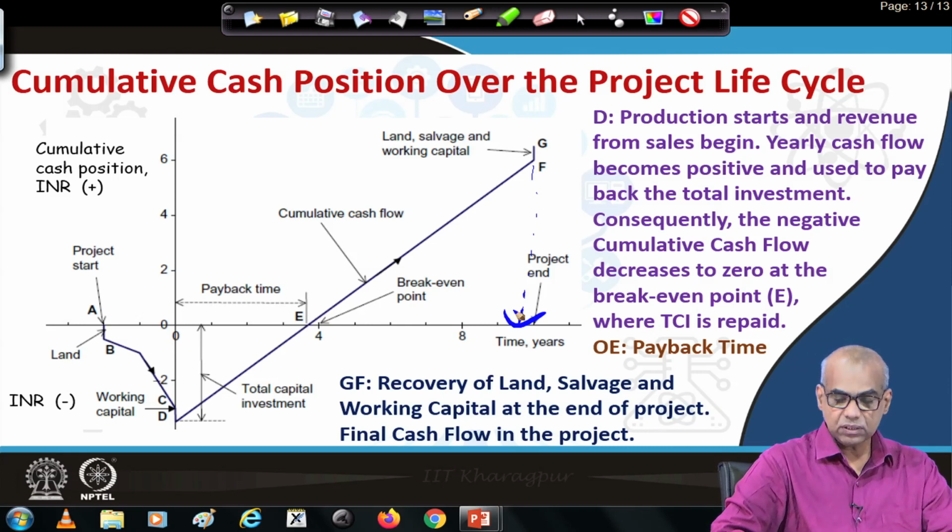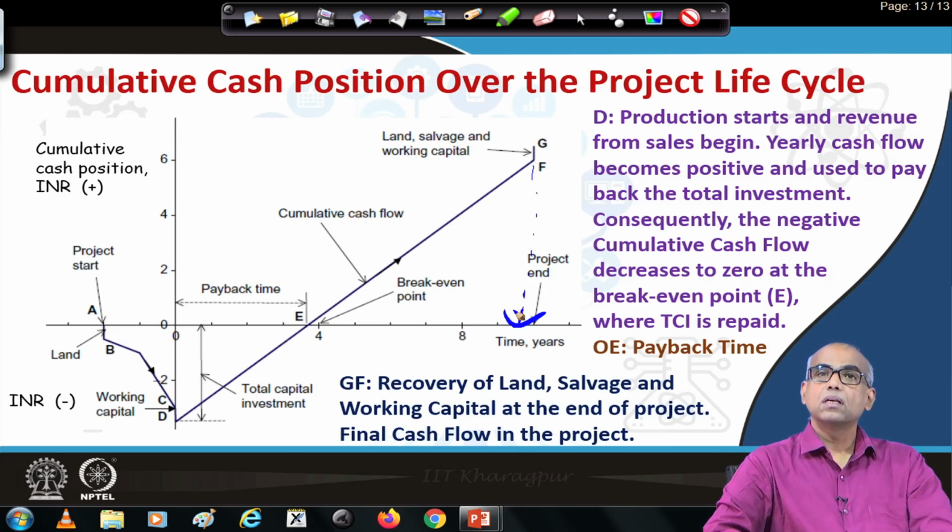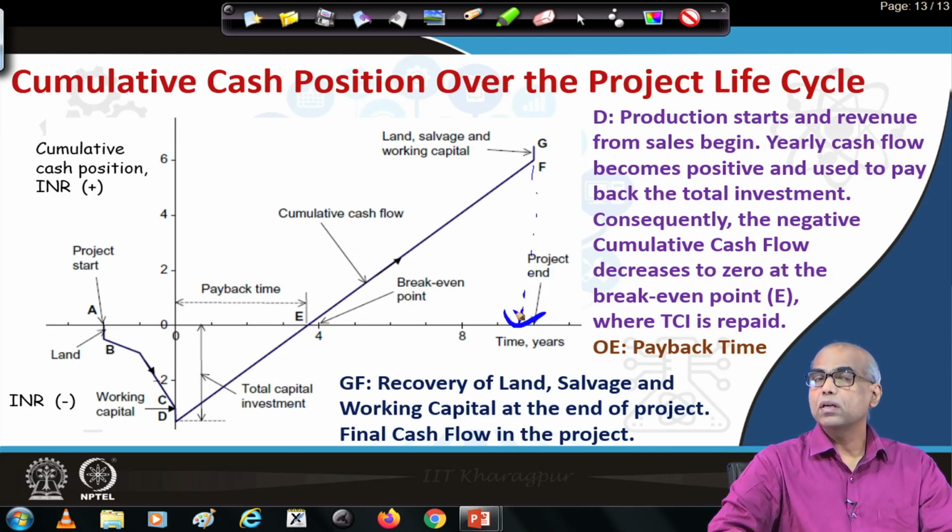At the end of the project, you will recover your invested working capital. So, you will completely empty your inventories, you will collect all receivables and thereby you will recover your working capital. You will get the salvage if any, and also you will recover the land.